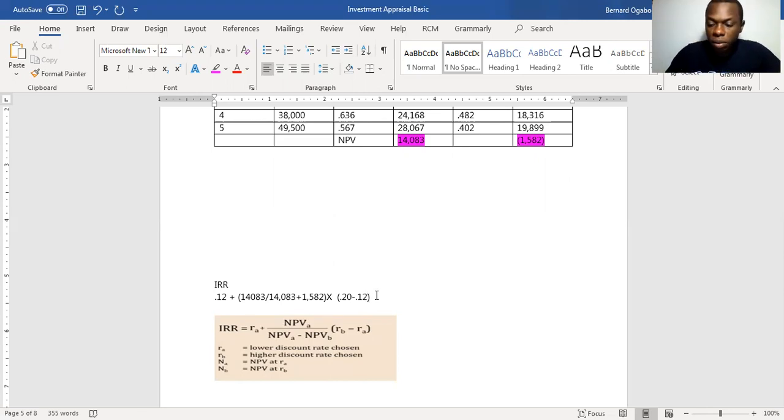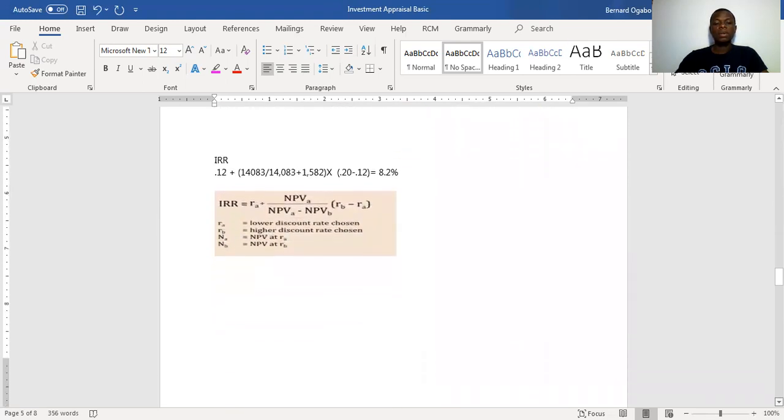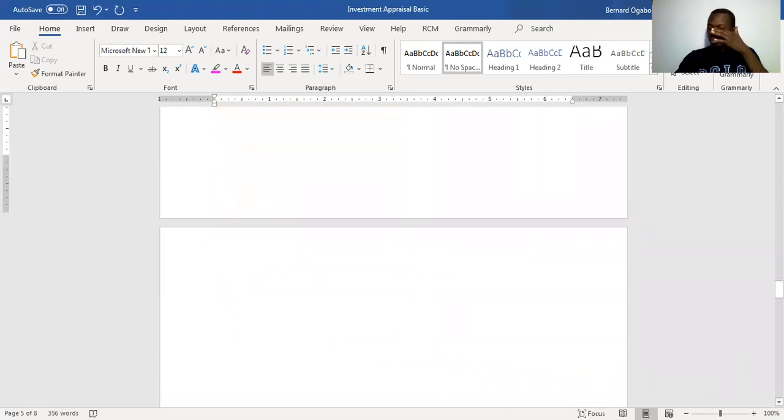So this is going to give me an internal rate of return of approximately 8.2%. So that is what you are going to have from the internal rate of returns.